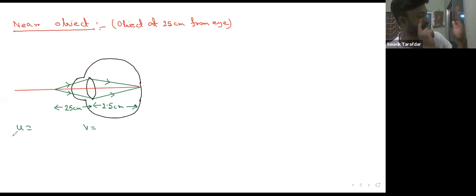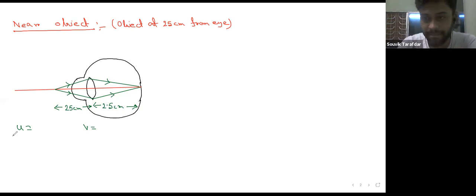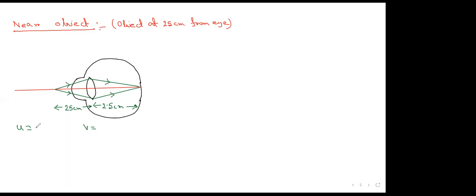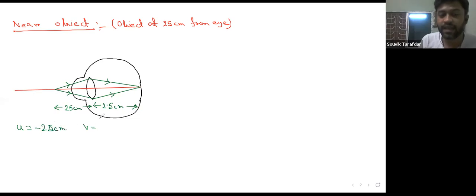So see, on which side of the lens is the object? Tell me the sign and the magnitude. 25 centimeters, minus, because it is on the left-hand side. So minus 25 centimeters. And where is the image formed? On the retina.